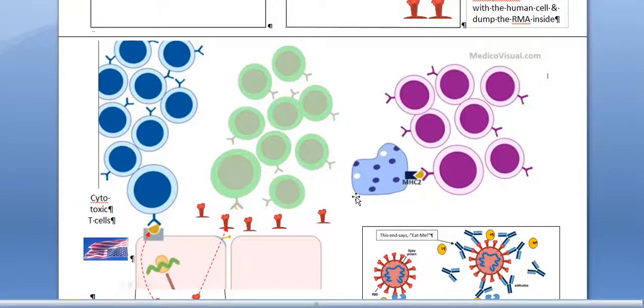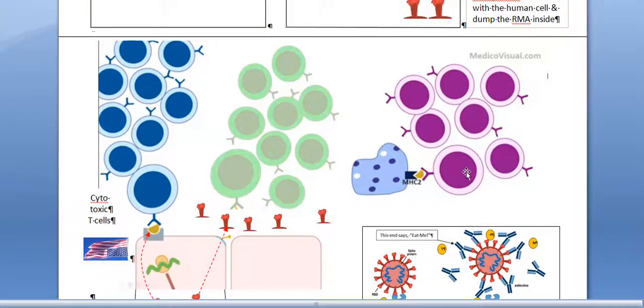And then another thing that can happen is the spike protein can be eaten, especially when it's covered by antibodies. Remember, when they're covered by antibodies, it makes it tasty for macrophages, and they eat it and digest it. They take pieces of it and present it on major histocompatibility complex type 2, which sends a signal to these T helper cells.